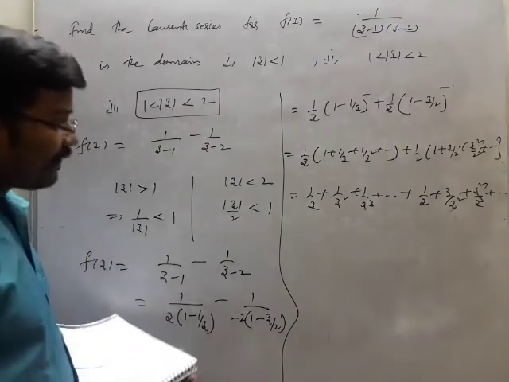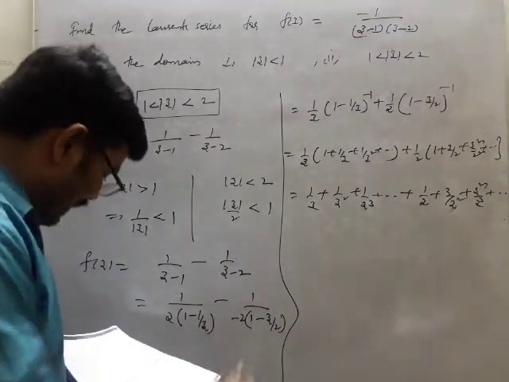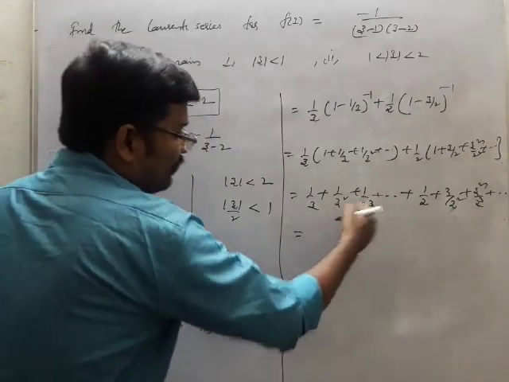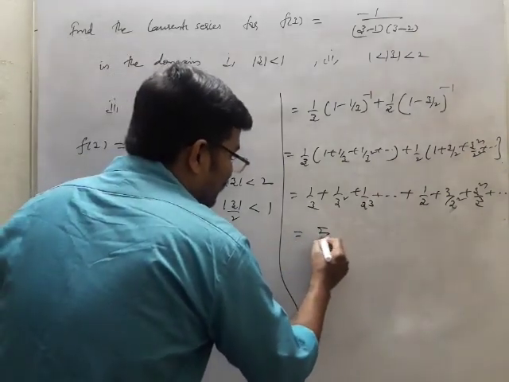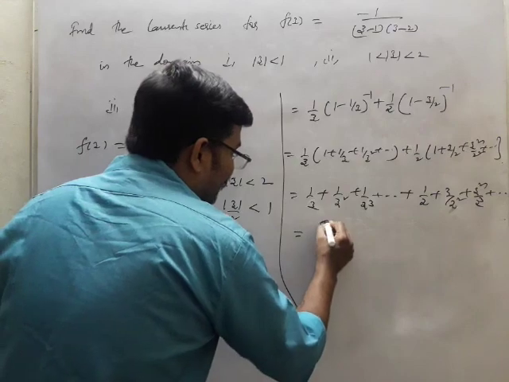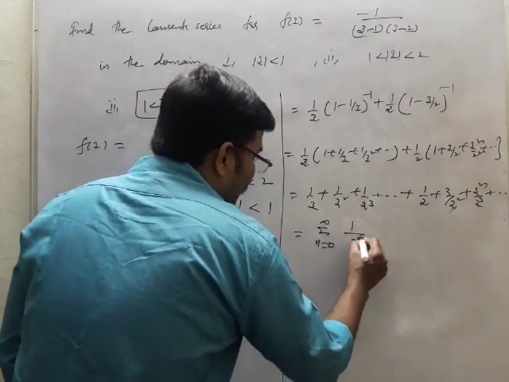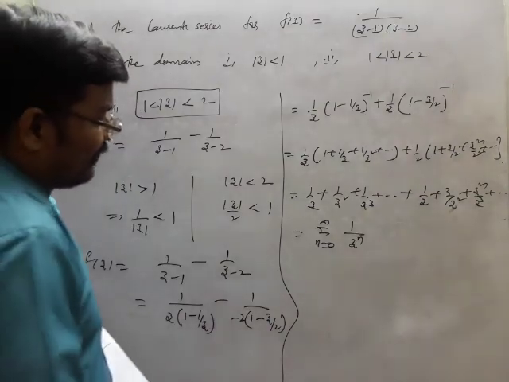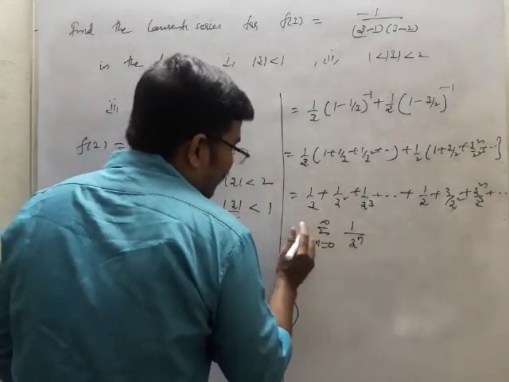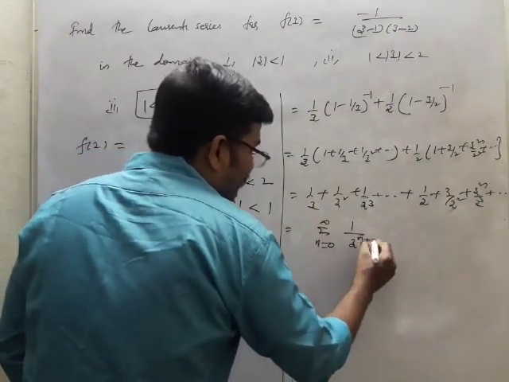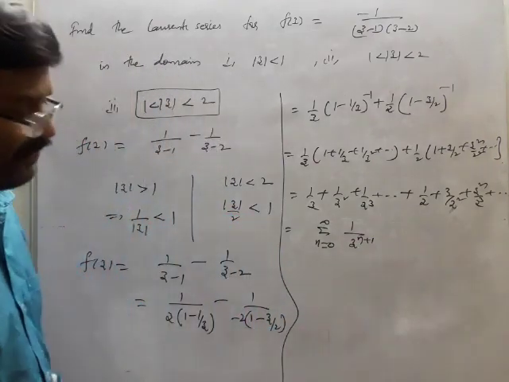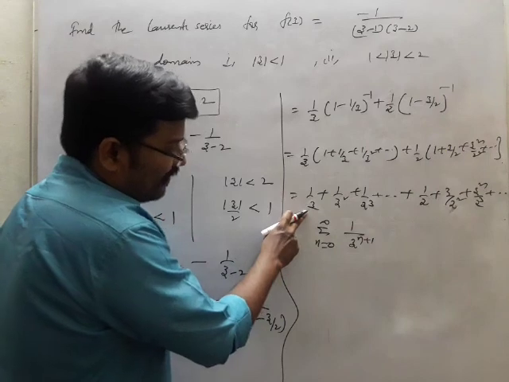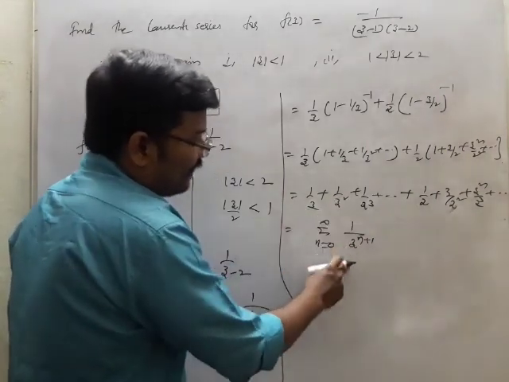So I can write this as summation n equal to 0 to infinity of 1 by z power n, otherwise z power n plus 1 if I take, that will be better. If I put n equal to 0, I get 1 by z, n equal to 1, I get the next term.